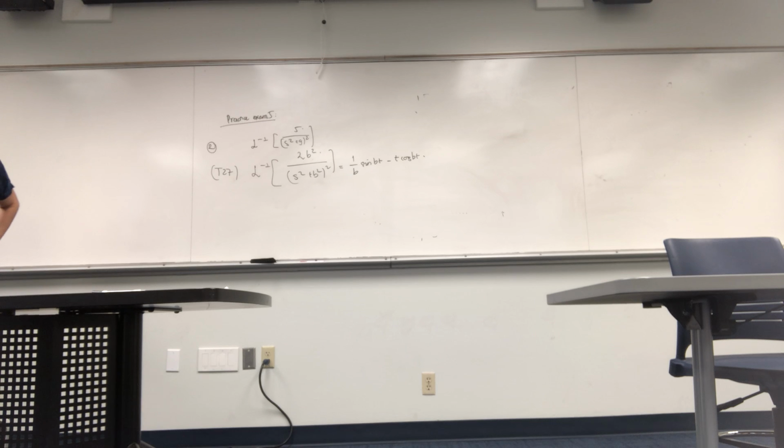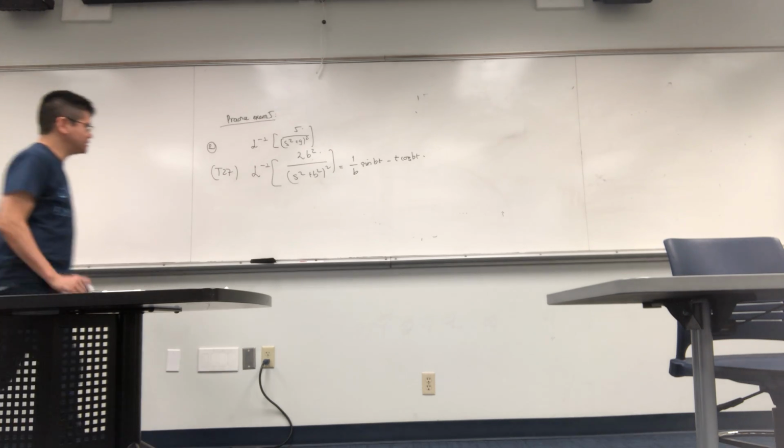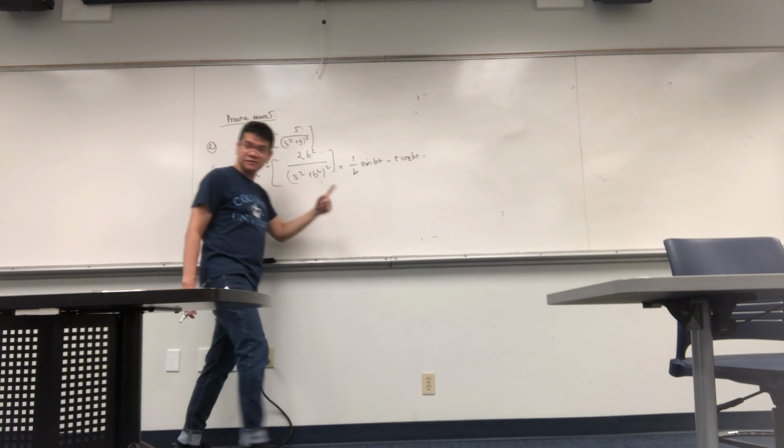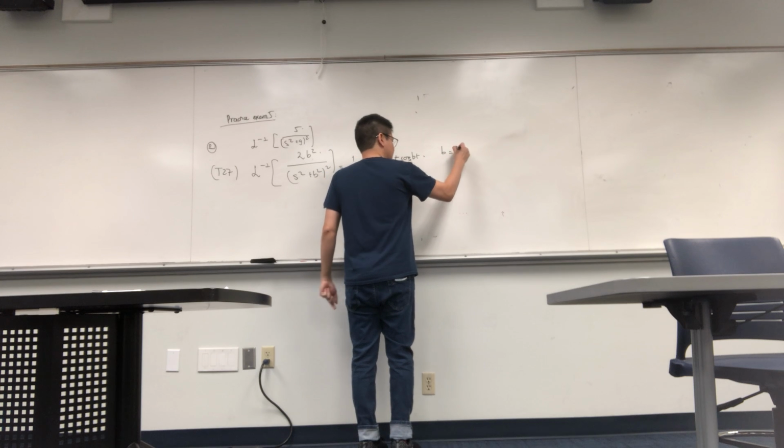What is the b here? So here you have b squared, here you have 9, so b is definitely 3, right?